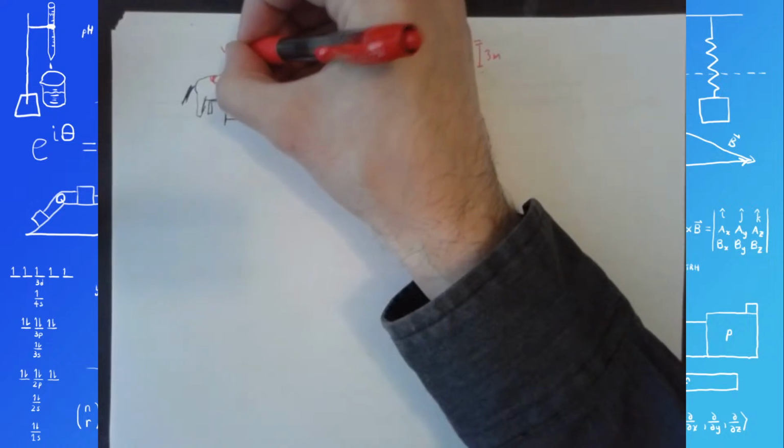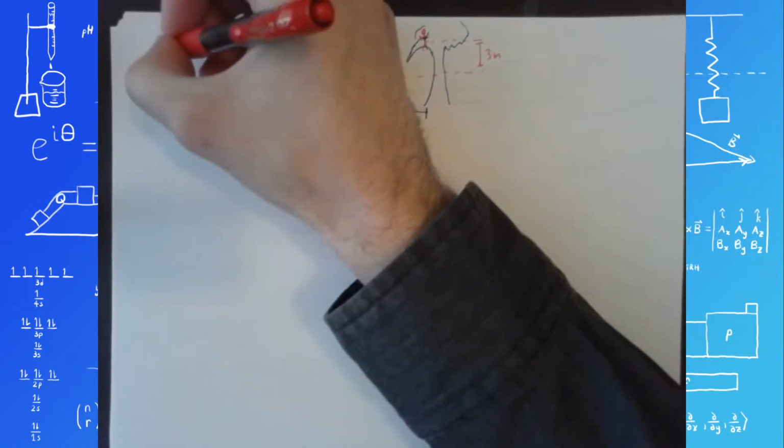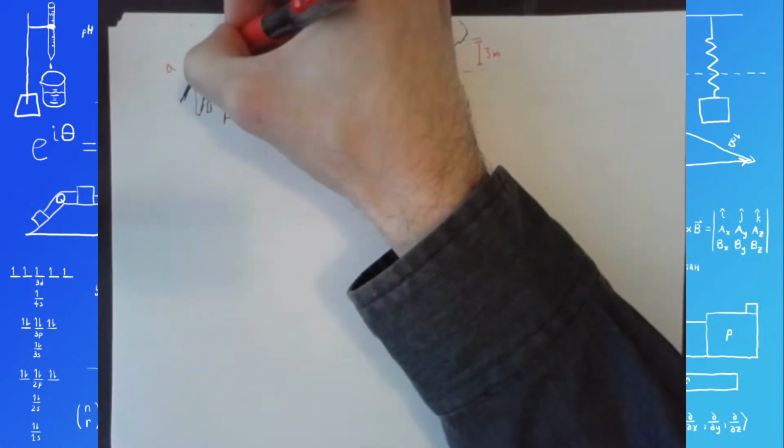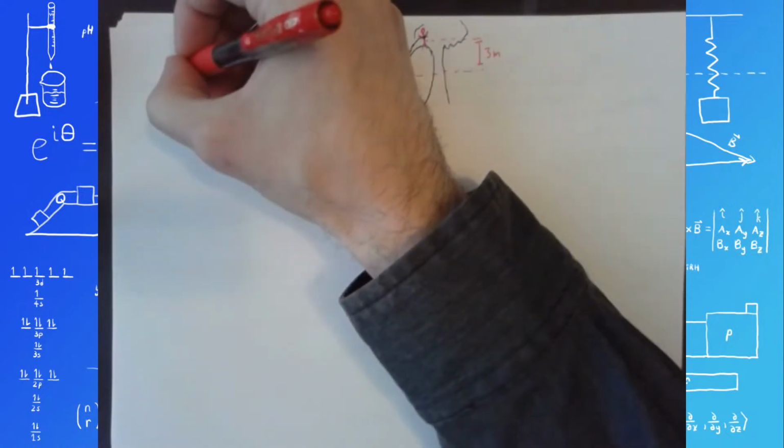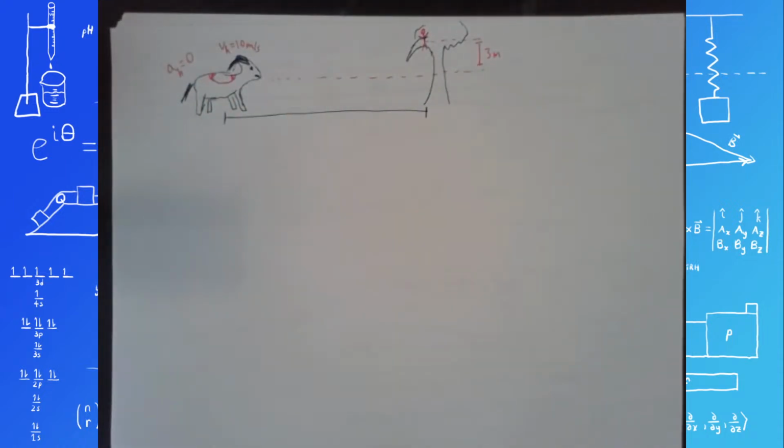So V horse equals 10 meters per second, and acceleration of the horse, let's make that H longer, is 0. The horse is moving at a constant speed of 10 meters per second and in a constant direction, so constant velocity.